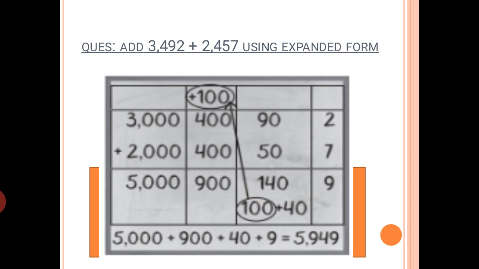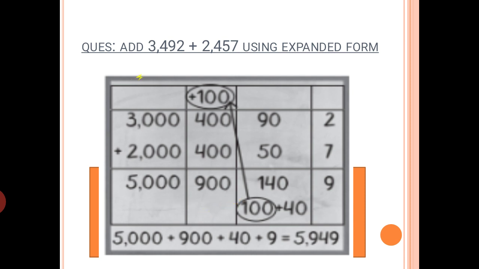So we can break 140 into 100 and 40. The 40 stays here in the tens and the 100 goes to the hundreds column as the carry. Then 400 plus 400 is 800, plus the 100 carry. So by adding all these three, we get 900 for the hundreds column.